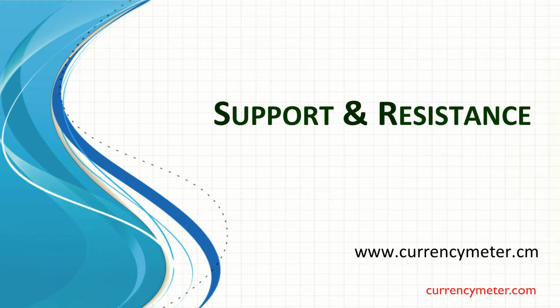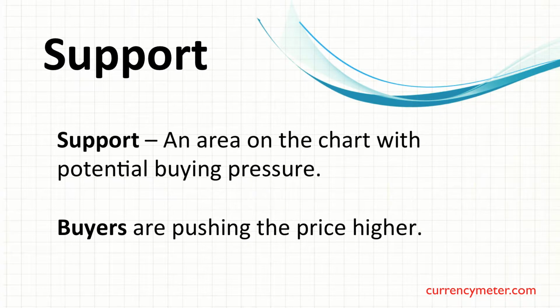Whether you trade stock, bond, commodity, futures, or options, you have to apply the same type of knowledge and understanding before taking a trade. So we will be talking about support and resistance today. Support basically is an area on the chart with potential buying pressure.